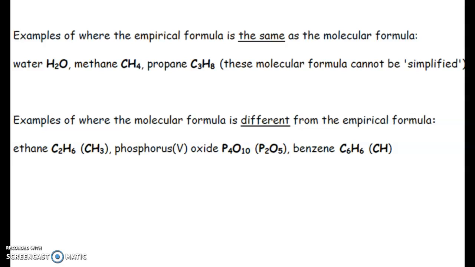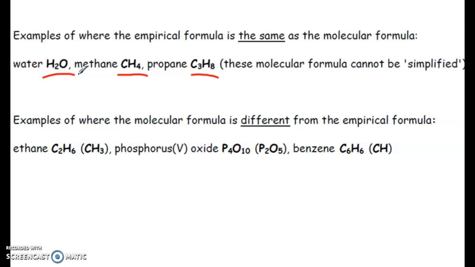Keep in mind that sometimes the empirical formula will be the same as the molecular formula, meaning they can no longer be reduced any further. Just to give you an example, we looked at these in the last lesson as well: water, methane, propane. If you look at the ratio of the elements, they can no longer be simplified.